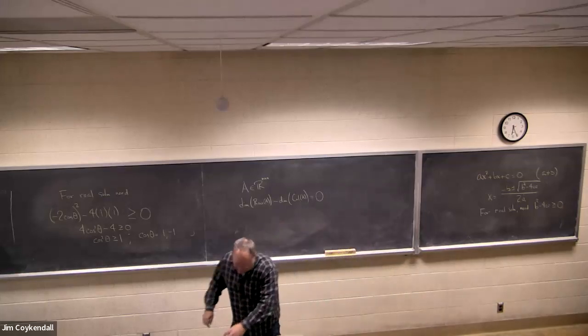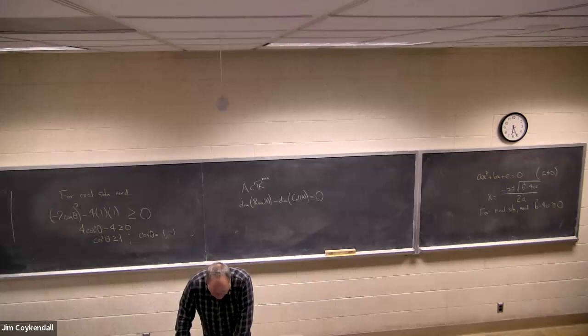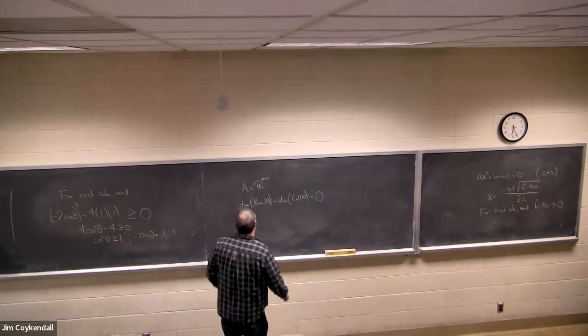How about the other one, row rank of A minus column rank of A transpose?